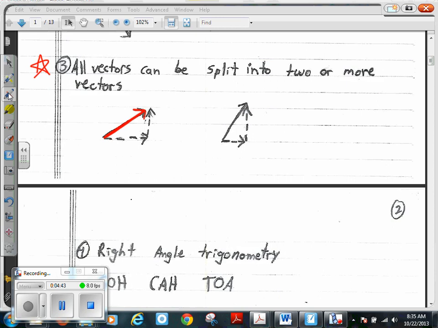Okay, so if you look at this, you'll see that this piece right here and this piece right here are what I drew to define this vector so that we have what I call all x's and all y's. So this is the x side, right? Because it's just like on any graph, the horizontal is the x, and the vertical is the y. So we have a right triangle there. And now we can do more math with this vector when it's split up like that.